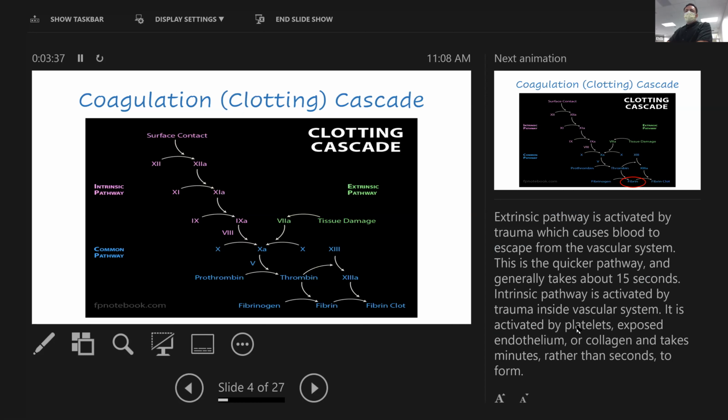Okay, so this is the clotting cascade, my arch nemesis. I had to study this in high school, college, medical school, residency, and right before this lecture, and still I cannot remember all of these different factors and cofactors and where they go in this clotting cascade, extrinsic pathway versus intrinsic pathway, common pathways, prothrombin, thrombin.